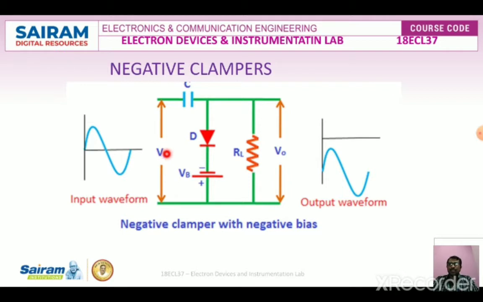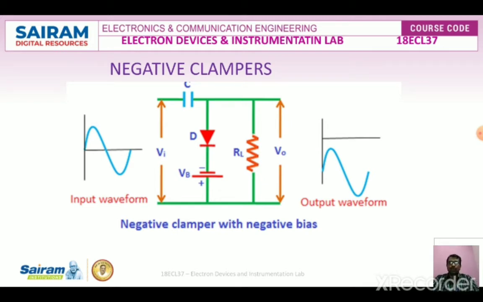During the negative half cycle, the battery voltage forward biases the diode when the input supply is less than the battery voltage. When the input supply voltage is greater than the battery voltage, the diode is reverse biased by the input supply voltage. So the capacitor signal appears in the output.